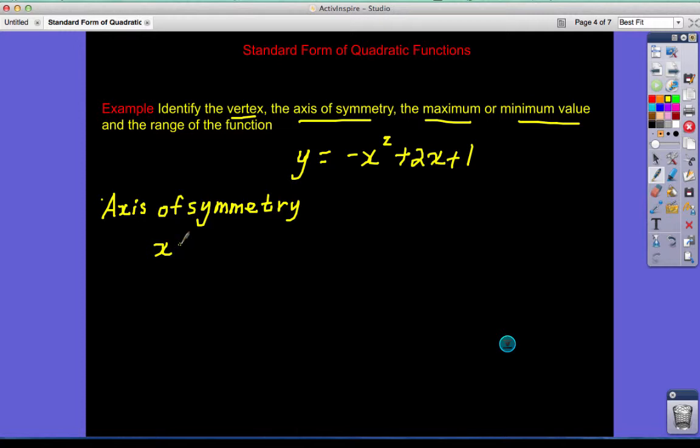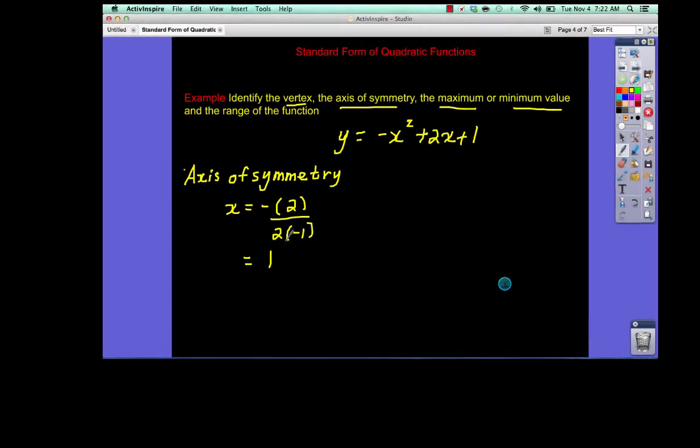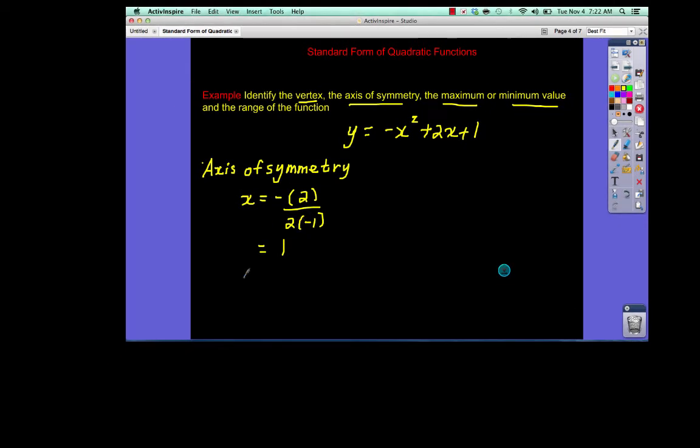It's x equals the opposite of my b value, which is 2, all over 2 times a, which is negative 1. So this is negative 2 over negative 2, which is 1. Okay, so that is my axis of symmetry.